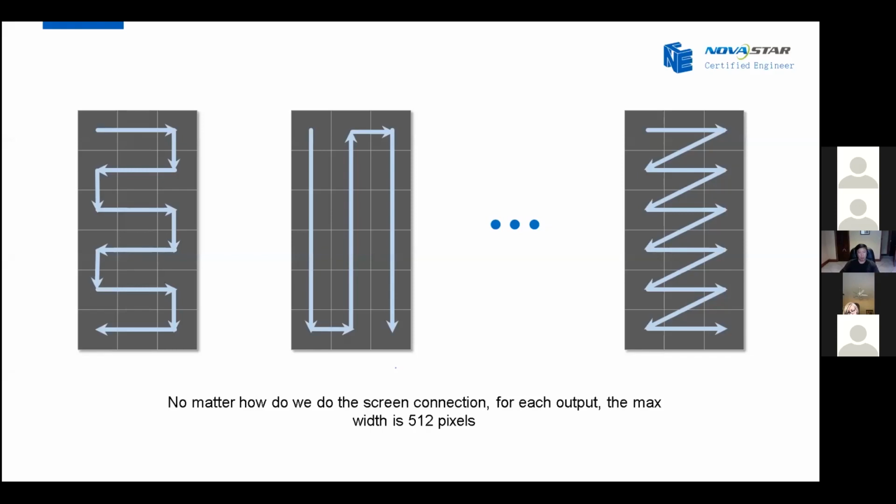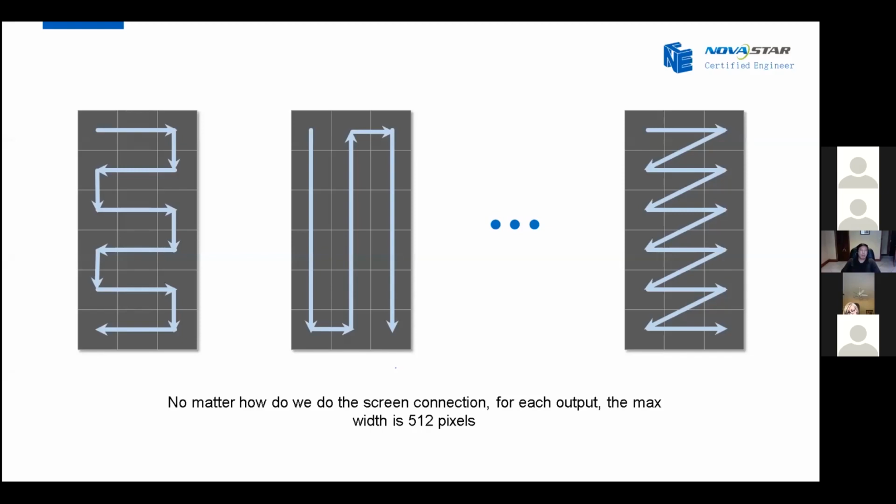That time is much less than 1 frame. And also, more than 512 pixels in the horizontal direction will cause a significant delay. So we need to do the vertical connection to minimize the width of ports.